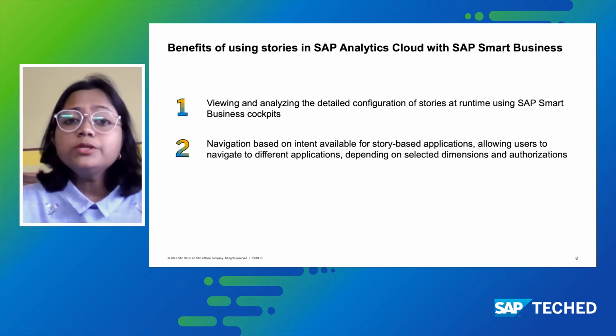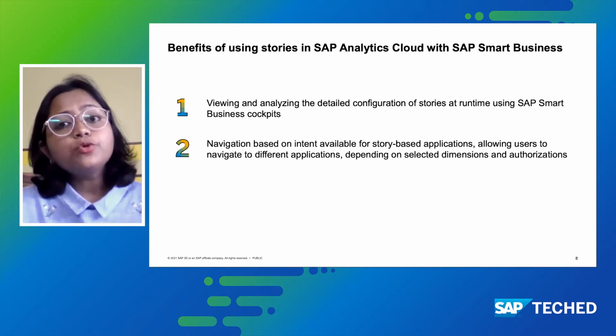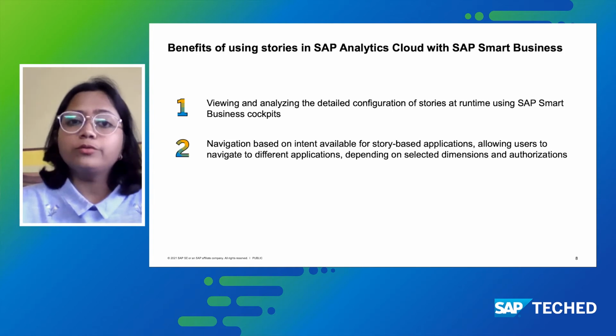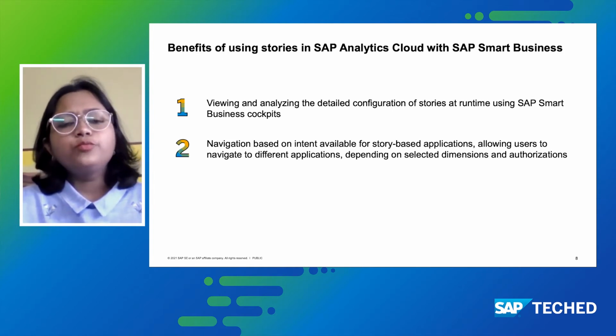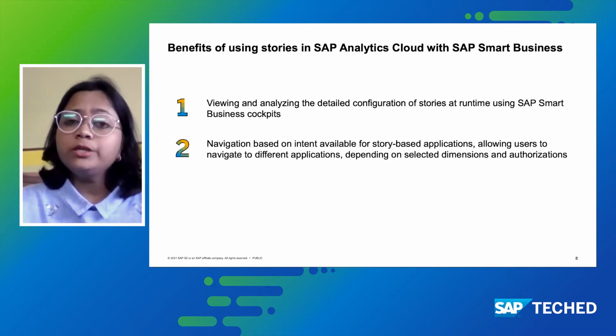Also, users are allowed to navigate to a different application based on the selected dimensions and authorizations. They just have to maintain the intent-based navigation while they are configuring the story applications using the Smart Business app, which is the Manage KPI and Reports app.